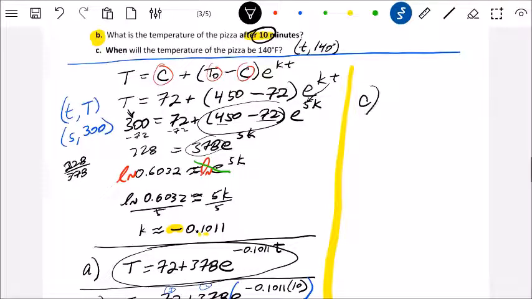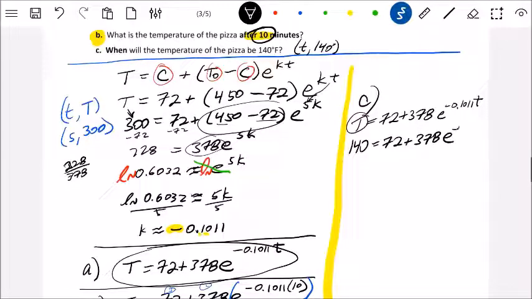So for part C, T is equal to 72 plus 378 e to the negative 0.1011 t. We use 140 degrees equals 72 plus 378 e to the negative 0.1011 t.